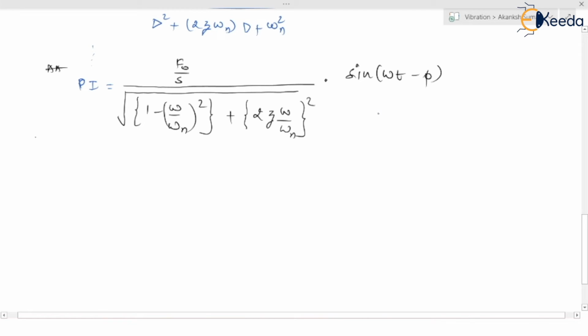This is the vibration with frequency omega.